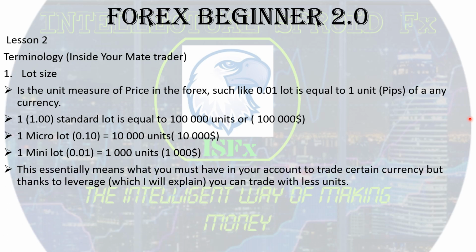So this essentially means that you must have this in your account to trade a certain currency. Yes, as I've mentioned, I have said that we'll speak about your leverage, how your leverage comes into play in terms of you being able to trade your micro lot or your standard lot with just 100 US dollars in your account.